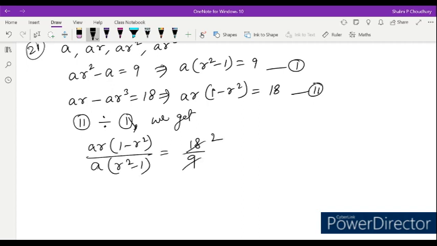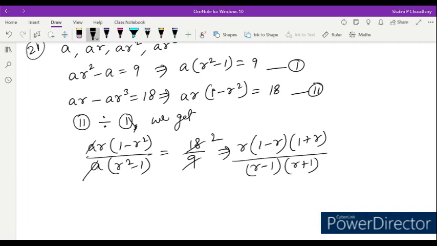So that will give us 2. Now a cancel, what will we get? r into 1 minus r square, can we write 1 minus r into 1 plus r, divided by r square minus 1, so what can we write? r minus 1 into r plus 1. So 1 plus r or r plus 1 is equal, we'll cut, and here we are getting 2.